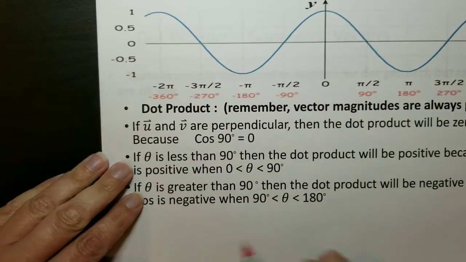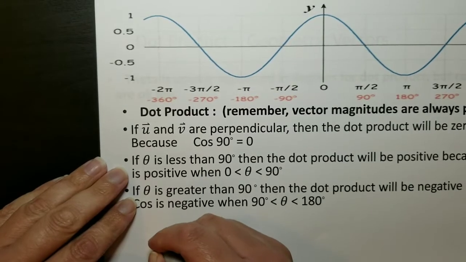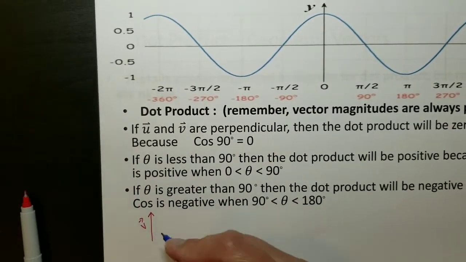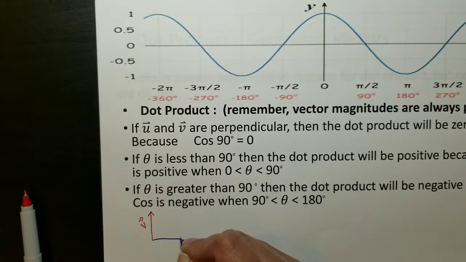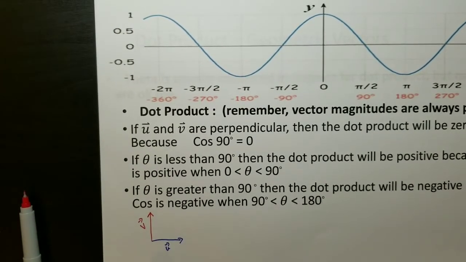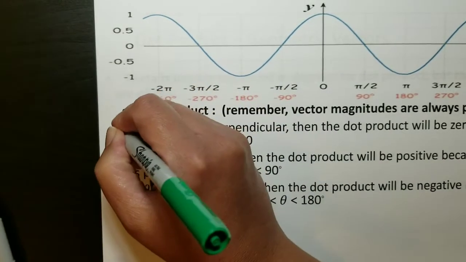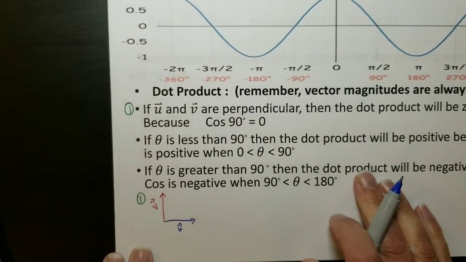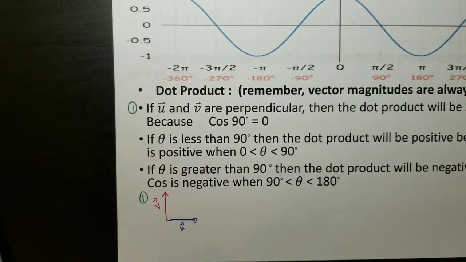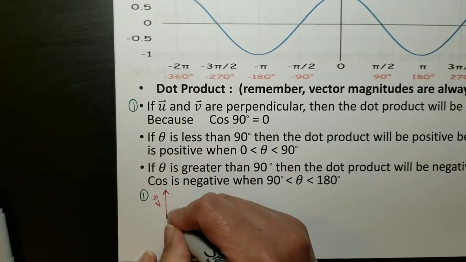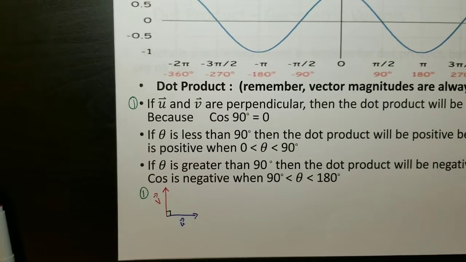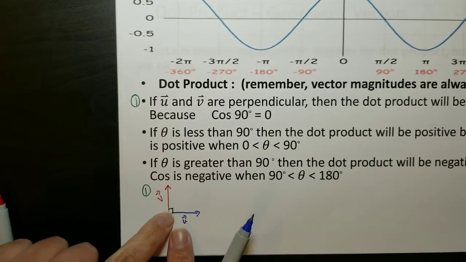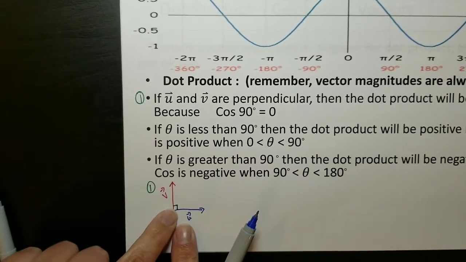So if I have these two vectors, I'm going to number the cases and draw some diagrams down here. So if my theta is 90 degrees, so if these guys have a 90-degree angle between them, we'd have the magnitude of u times the magnitude of v times the cos of 90.